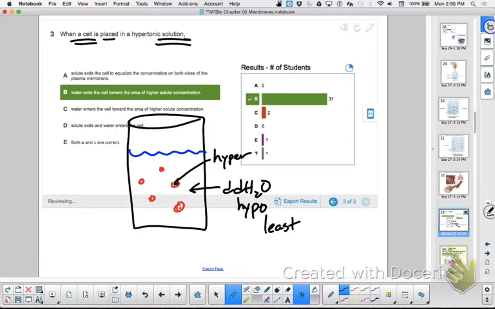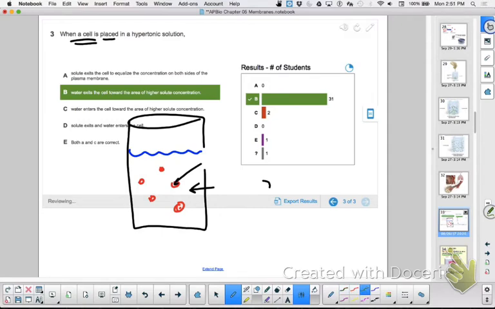Okay, now let's change it up. Now, guys, can you ask me? So if I put a bunch of salt in here, very salty. This solution is what? Hyper.